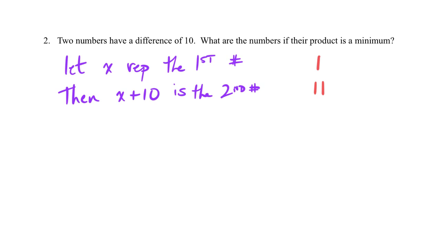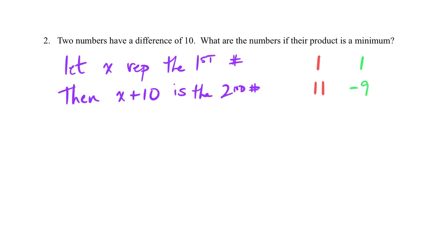So, to make sure we're good, if 1 was the first number, the other number could have been -9. Notice 1 and -9 are 10 apart. So, I'm hoping you can see there's 2 different directions that you could have went.